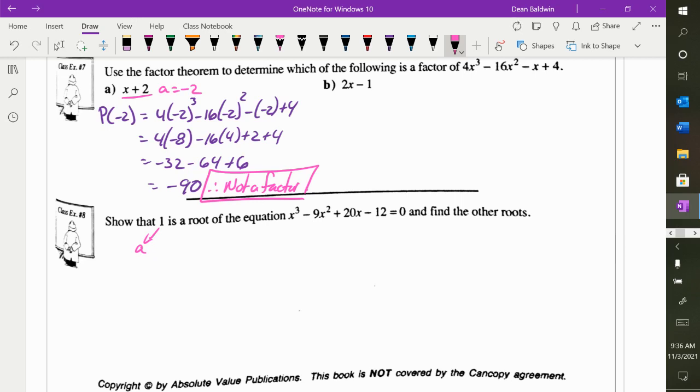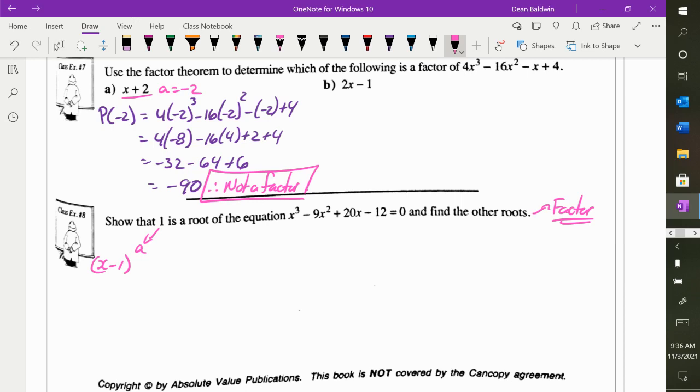If I say find the other roots, I'm saying factor this. How do we factor it? What's the only thing we've learned so far in this unit? Long division or synthetic division. So we have to divide it. If this is my a value, that means the factor is x minus 1. We're dividing this polynomial by x minus 1.